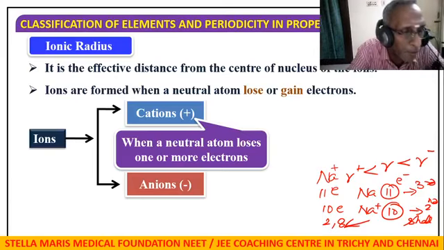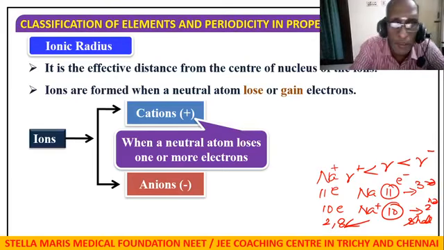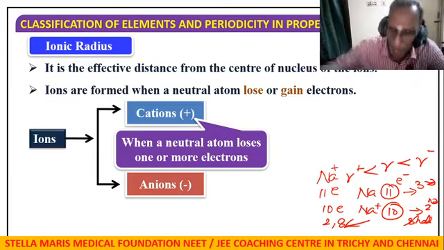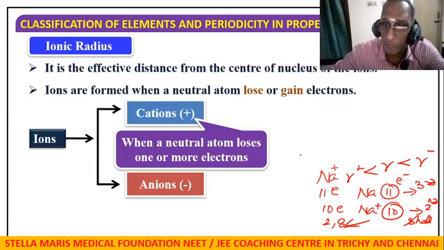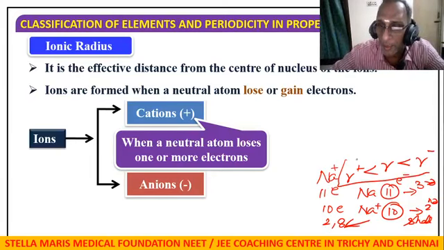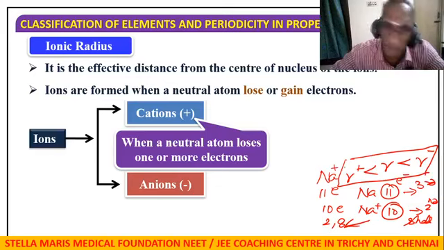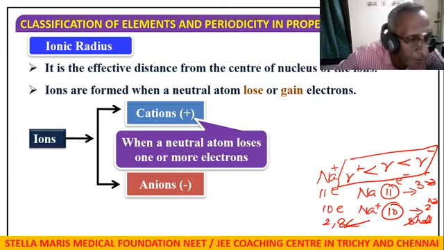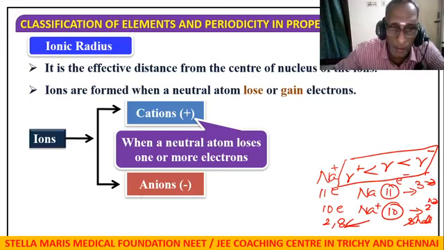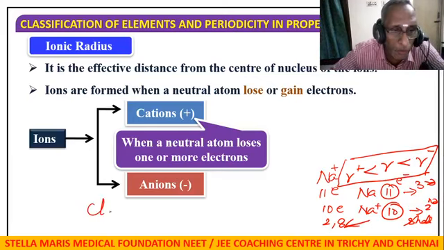So this point has to be noted. For any element, the radius of the cation is less than the radius of the atom, which is less than the radius of the anion. Let us consider the radius of chlorine in three different species.